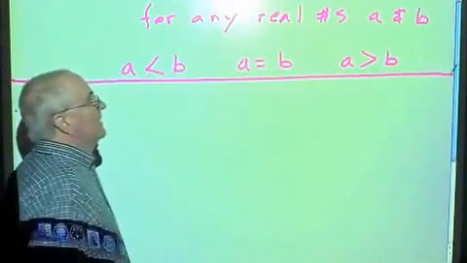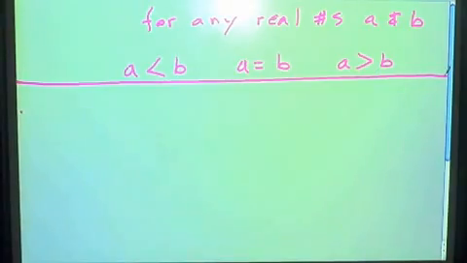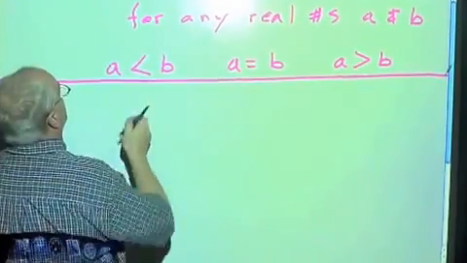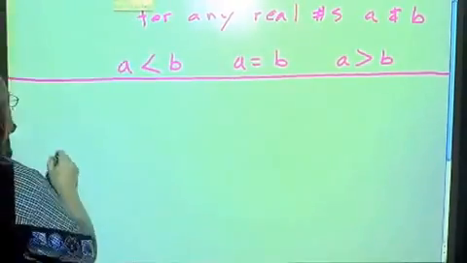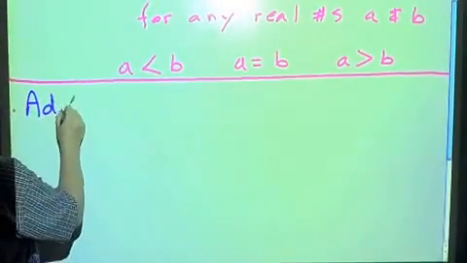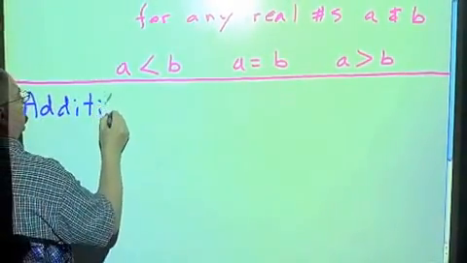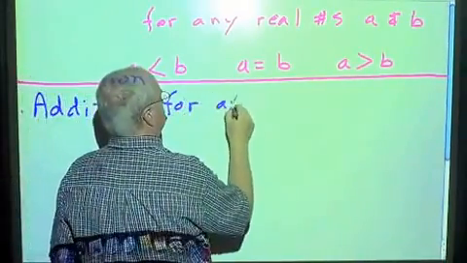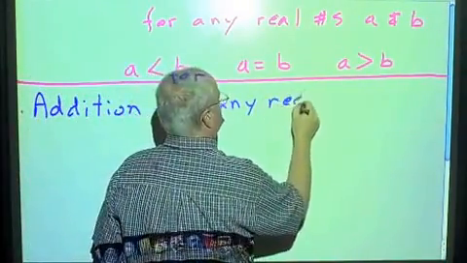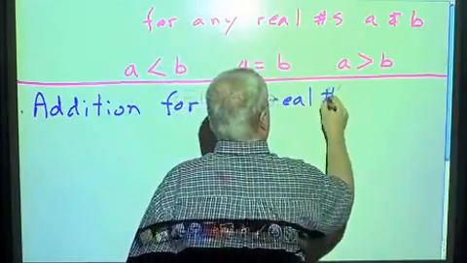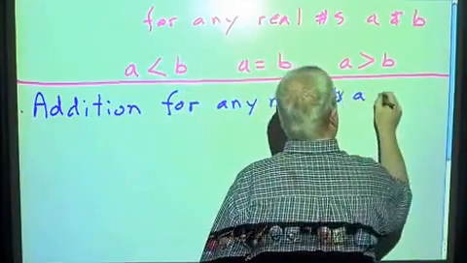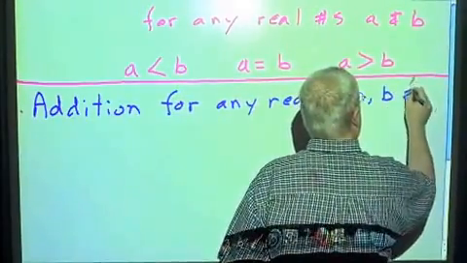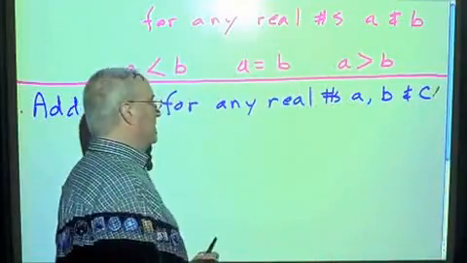Okay? Now, let's talk about the particular properties, and let's talk about them for, number one, addition. So, addition inequality properties. For any real numbers A, B, and C. That's what we're talking about.